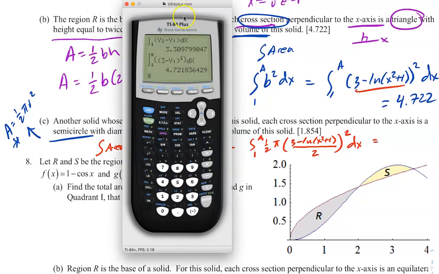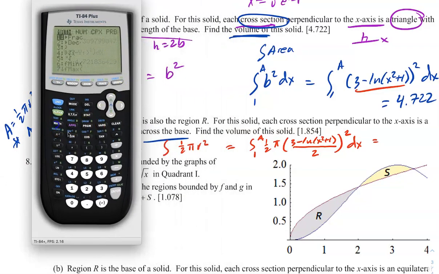So let's plug that in real quick. Math 9. We're going from 1 to a. And then here I'm going to do 1/2 times pi, and then parentheses. I go to alpha y equals, and then I'm going to do 3 minus alpha f1, all over 2.